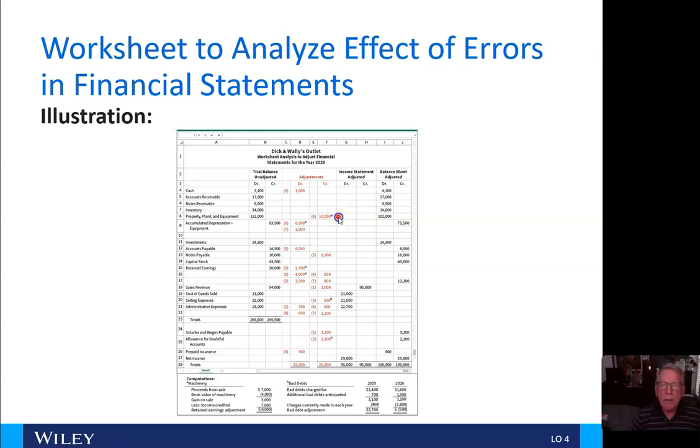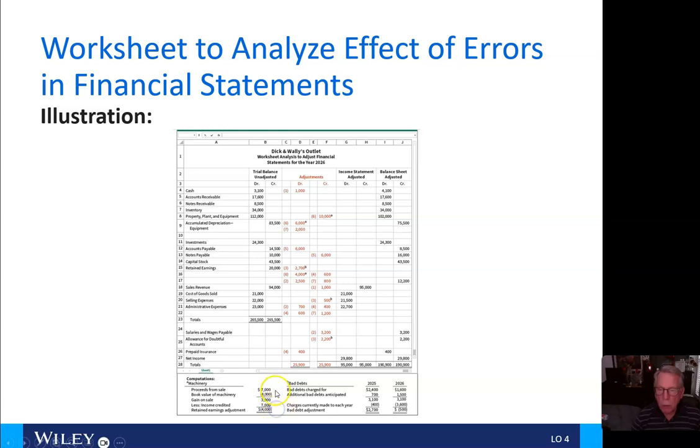We had a credit of $10,000 to property, plant, and equipment, both to take those items off the register. And then finally, a $4,000 debit to retained earnings to correct for that prior period. And here are those adjustments.